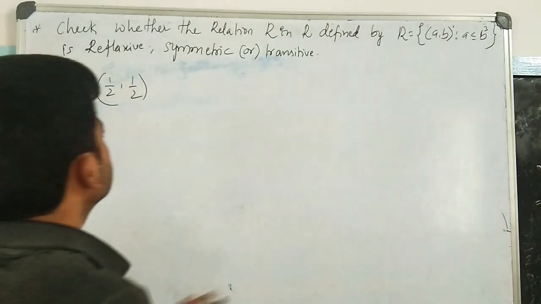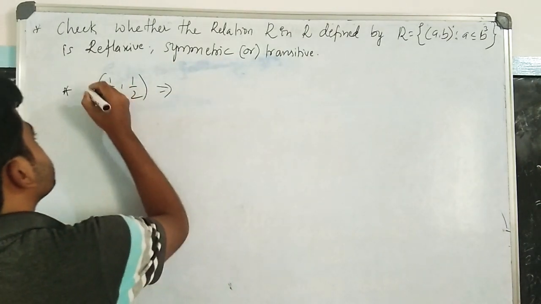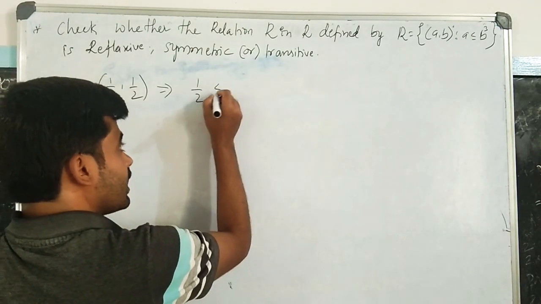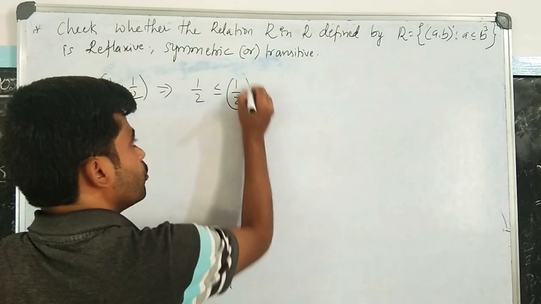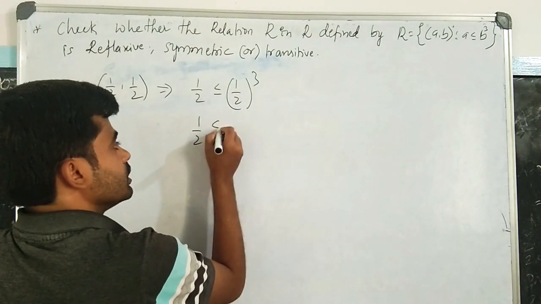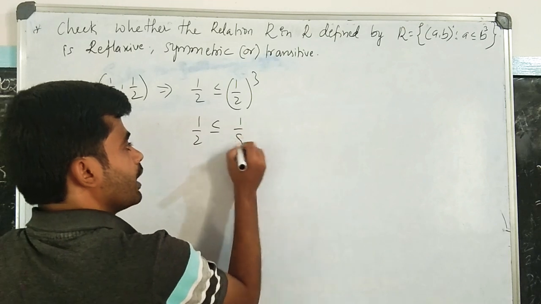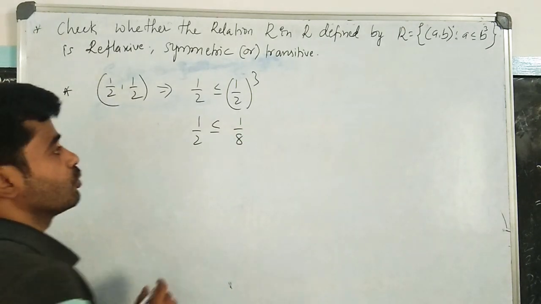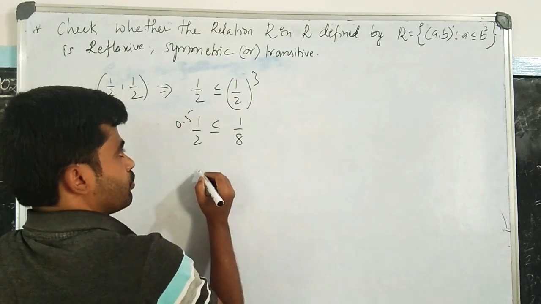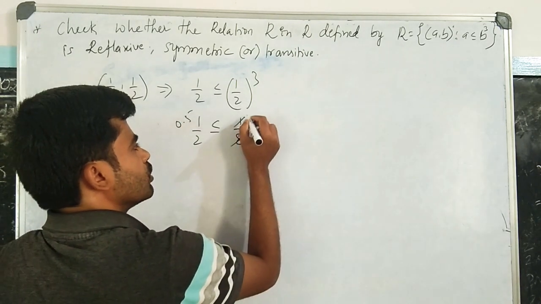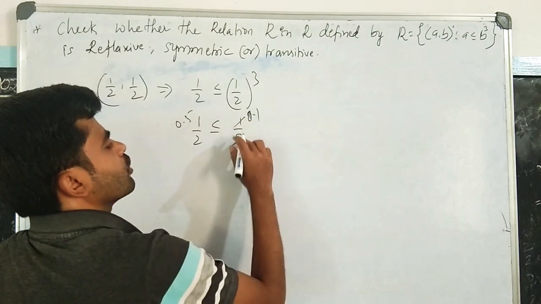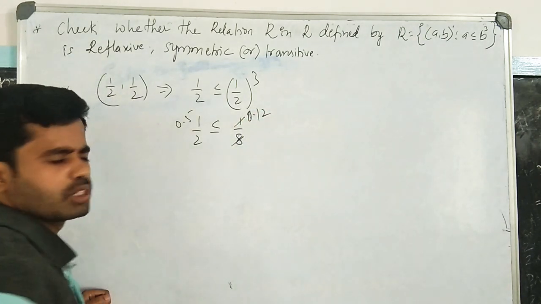We have to check. According to the definition, is 1/2 less than or equal to (1/2) whole cube, that is 1/8? Is it right? No. 1/2 is 0.5 and 1/8 is 0.125.